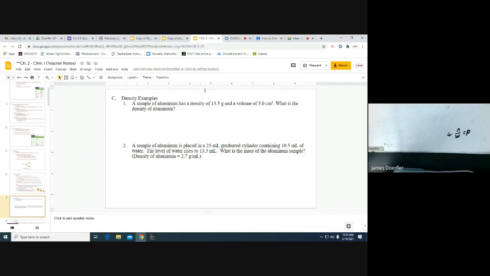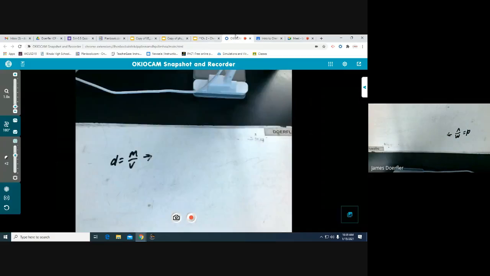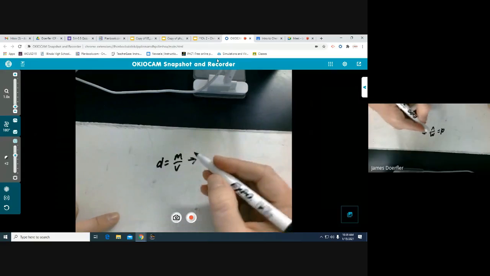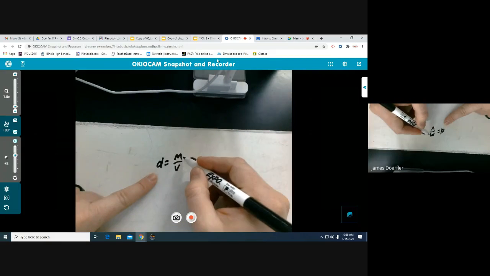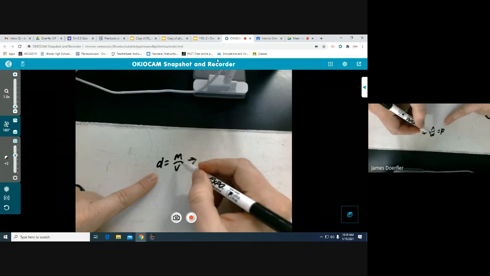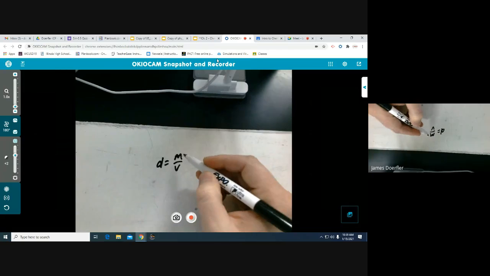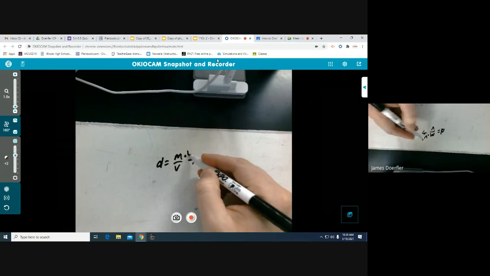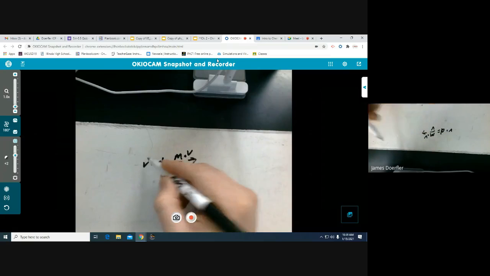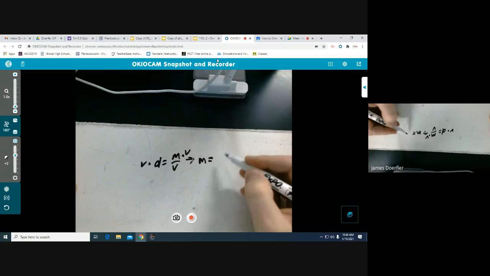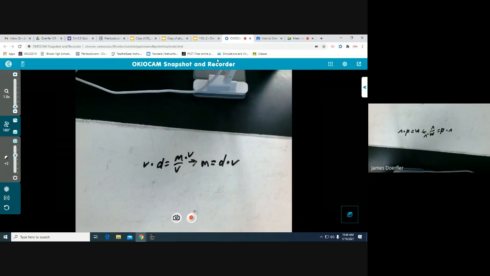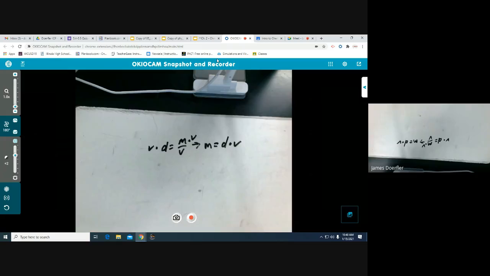So there's a few things that we need to think about. First off, we're trying to solve for mass, so I need to rearrange this formula to solve for mass. I do so by multiplying both sides by volume. And so now I have mass is equal to density times volume.